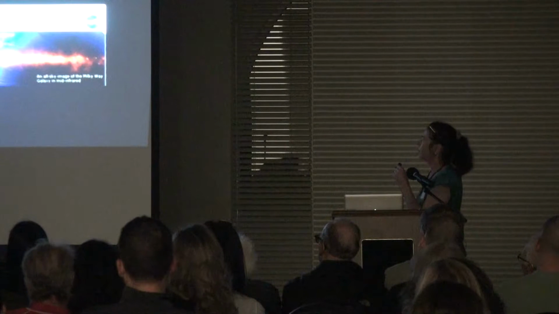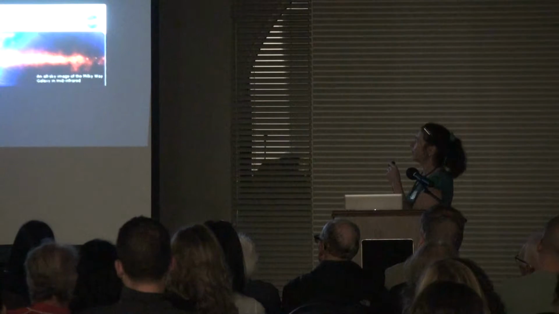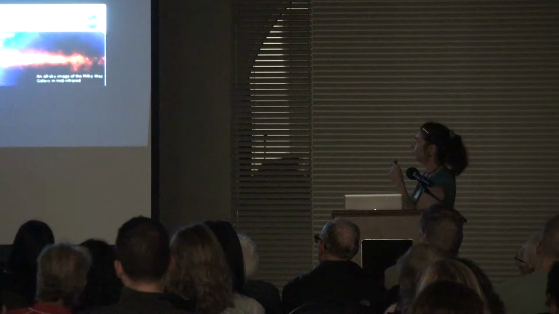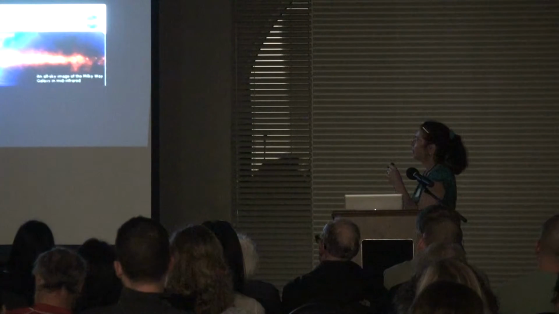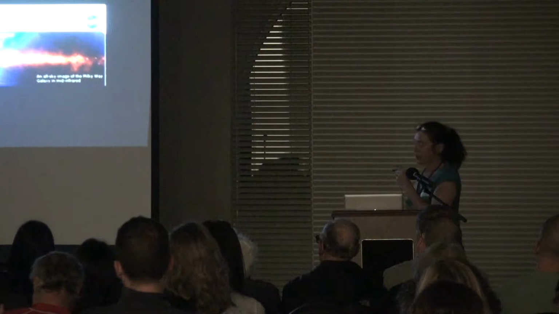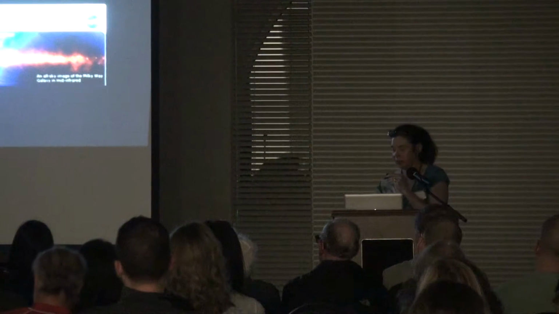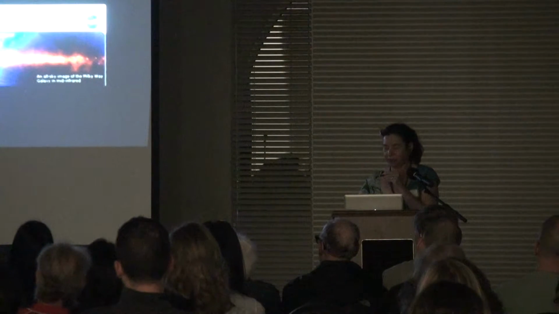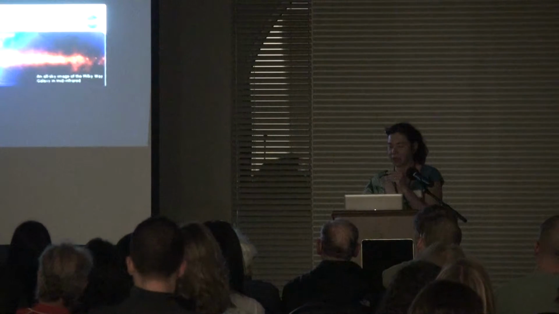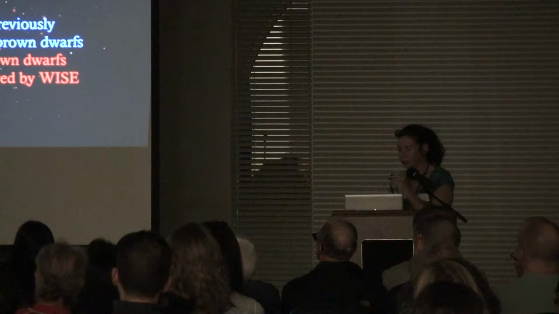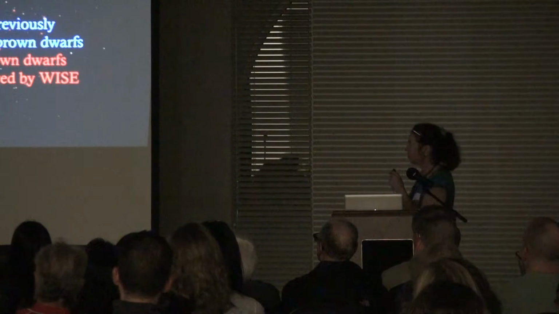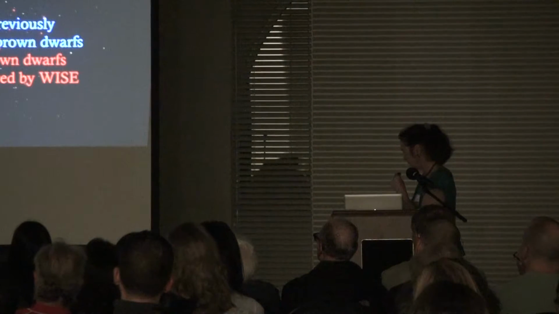And then the very successful Wide-Field Infrared Survey Explorer, a 2-year mission from 2009 to 2011, operated at 4 mid-infrared wavelengths, also discovered quite a few brown dwarfs. So the total count is of order 1,200 or so known today.